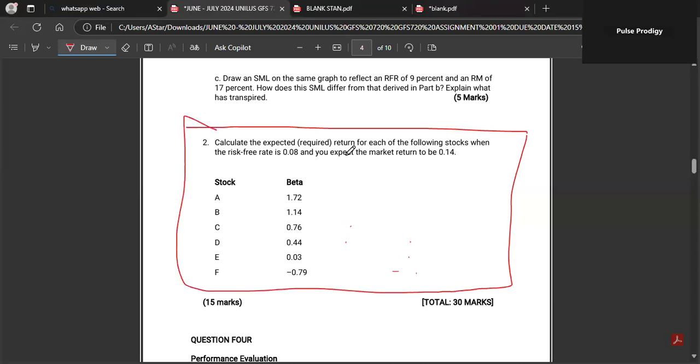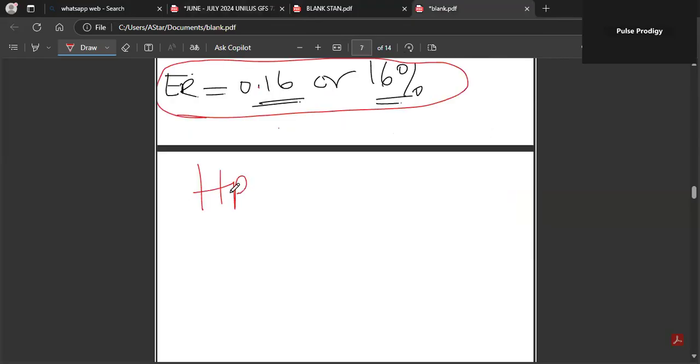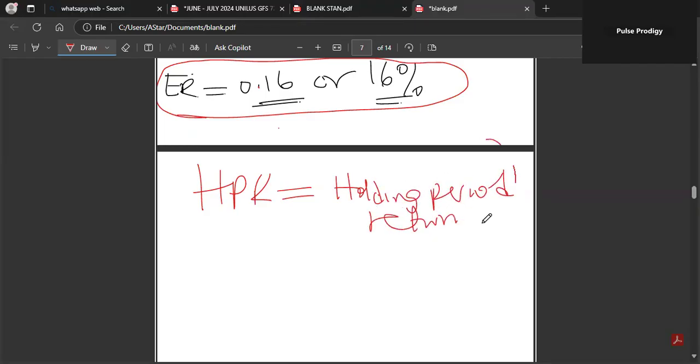All these are on the same topic called risk and return. I'm sure if you joined the class yesterday, we looked at calculating the HPR, the holding period return. I'm sure that one is clear.